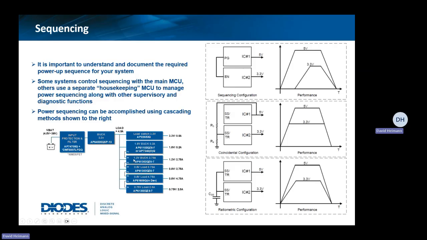In this case, we wanted 3.3 up first. We want 1.8 to come up roughly at the same time, and then we want these other rails to come on in succession. If you take the power good pin and connect it to the enable pin of the next supply you want to come up, you can get these supplies to cascade and power up.